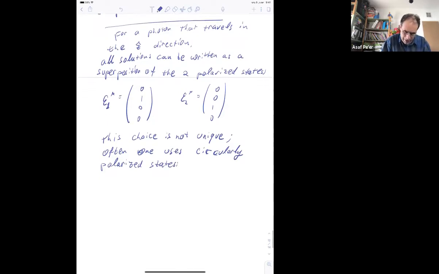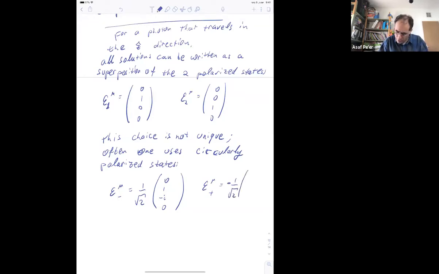These are denoted by epsilon mu minus, which is 1 over square root of 2, for normalization, times (0, 1, minus i, 0), and epsilon mu plus, which is minus 1 over square root of 2 times (0, 1, i, 0).